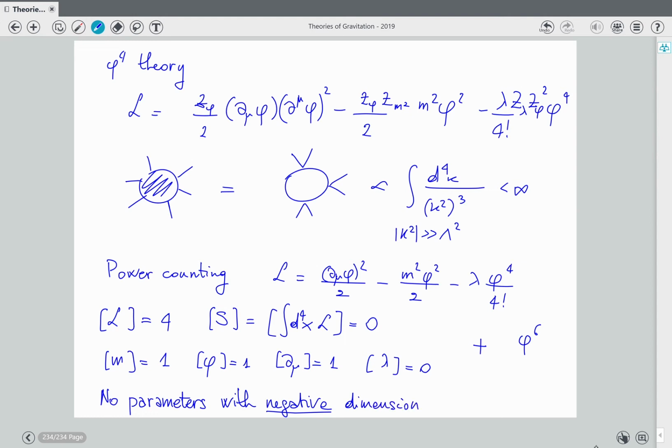So you cannot even write a candidate counter term for lambda phi to the 6, because phi to the 6 has dimension 6, and you would have to multiply it by a lambda 6 that has dimension -2.